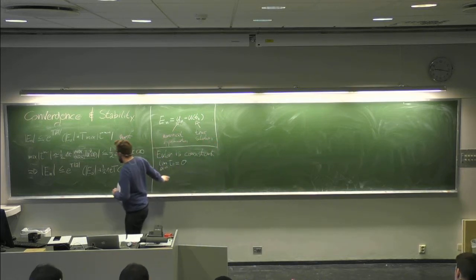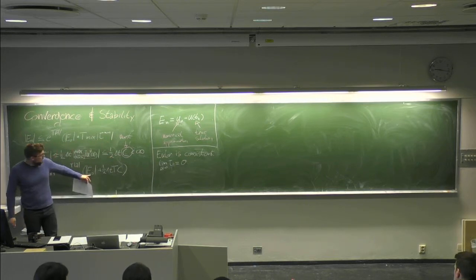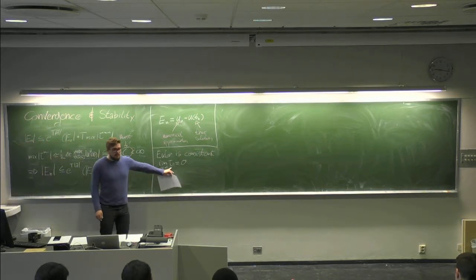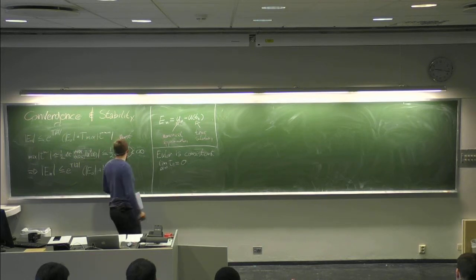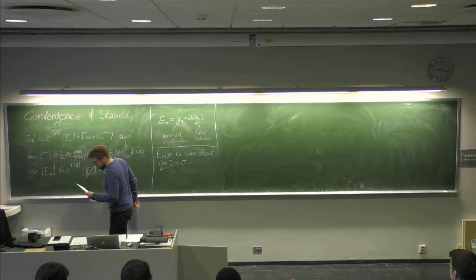And E_0, this is your first time step, is equal to the first truncation error, which you know is 0. So then this disappears, this becomes 0, like so.